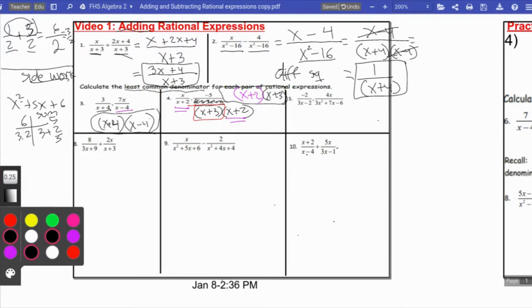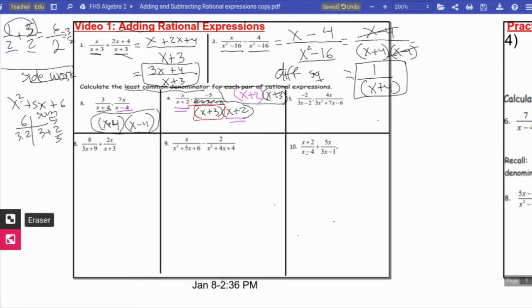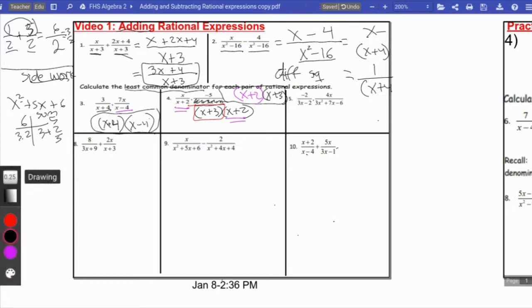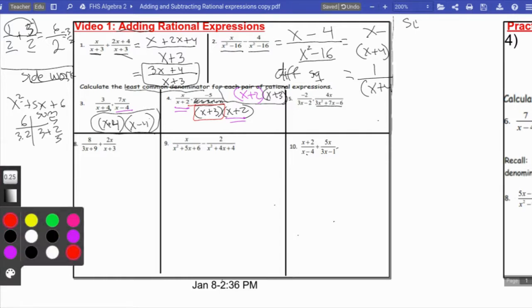So what about this one right here? I'm going to need space for this, so I'm going to my side work. Let's go in red. I'm dealing with 3x squared plus 7x minus 6.